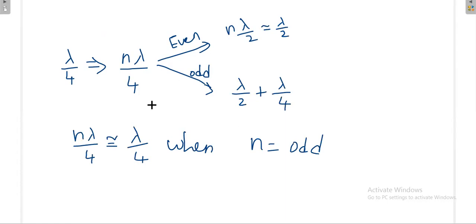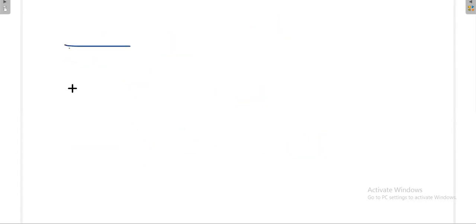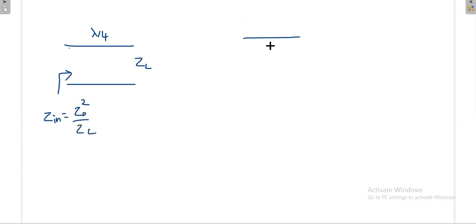Okay, so say for example in the exam, if they give this as the length of the line, this is ZL, and somebody asks what is the input impedance here, the input impedance is Z0 square divided by ZL. Or otherwise they give 10λ/4, then what is the meaning?